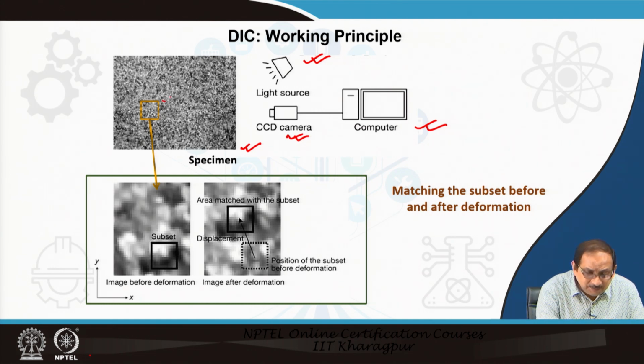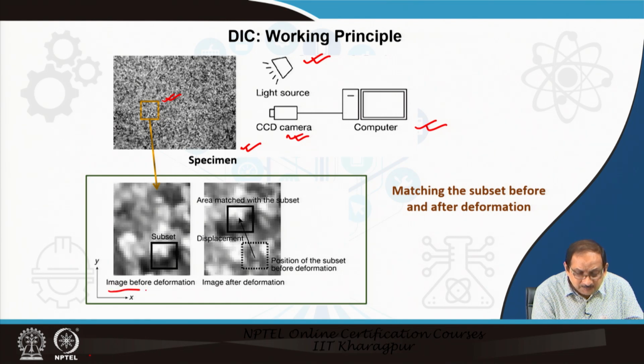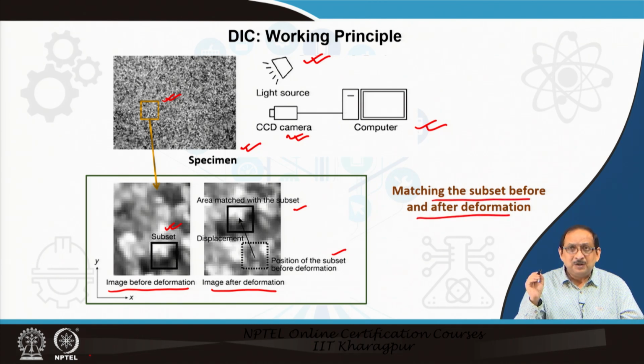A region of interest is located, and we are interested in the image before deformation and the image after deformation. A subset is constructed and the movement of this subset from the position before deformation to the position after deformation is recorded. Matching the subset before and after deformation is executed by the DIC technique, based on which we can calculate strains.